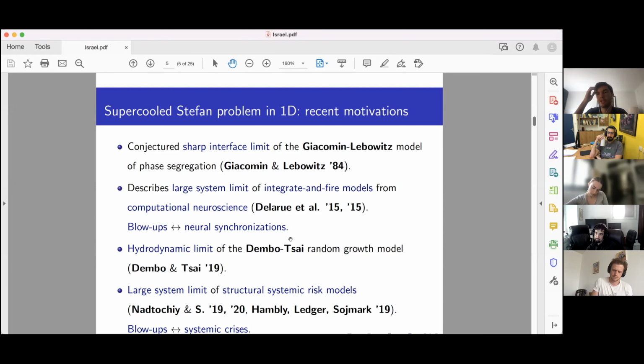They would correspond to a certain synchronization phenomenon of neurons. So that's interesting in its own right. This problem also shows up in hydrodynamic limits of certain random growth models, particularly the one by Dembo and Tsai. And it also came up in mathematical finance as a model of systemic risk.